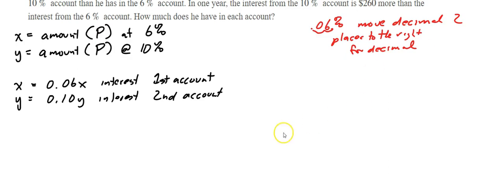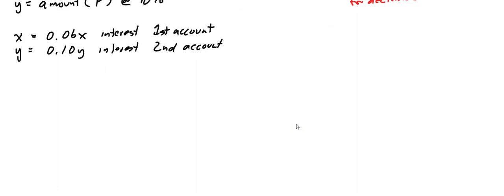Well, let's now make a system of equations. Let's do, first off, y. And why am I using y? Well, we're going to do y first because y equals x plus 1,000. Where am I getting this 1,000?